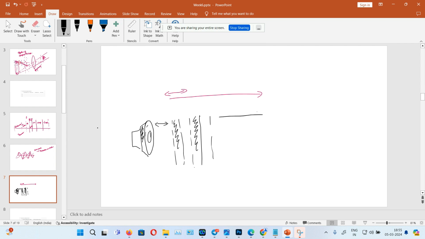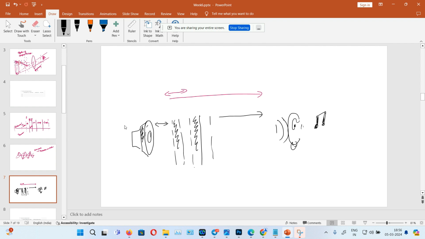Like that, it moves and reaches our ear, and these pressure variations vibrate the tympanum inside our ear, and we get the notion of sound. Okay, so these are longitudinal waves.